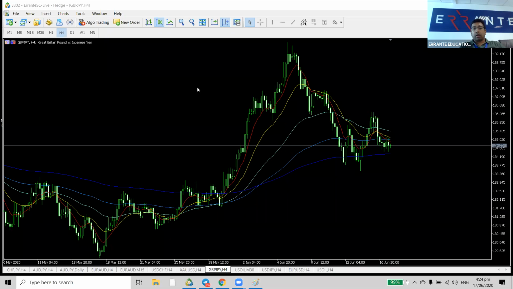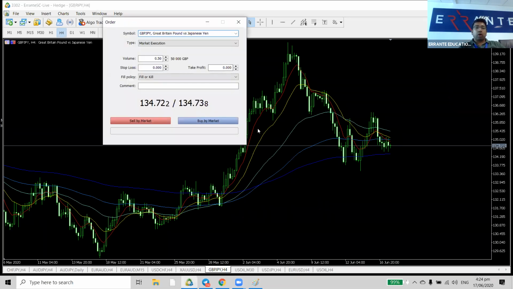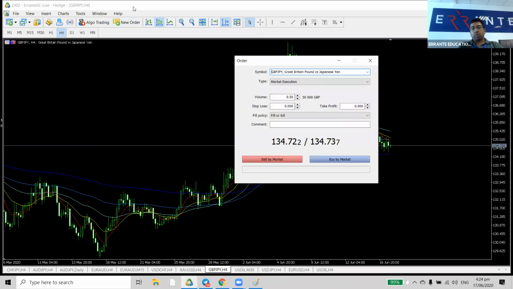Now, yes, you've got a couple of options. Before we go on to the GBP JPY again, we'll continue that. It's really important for us to look into when you want to make orders, you've got a very simple button right there. It's your new order button. But of course, you've got options in understanding when you make your pending order.